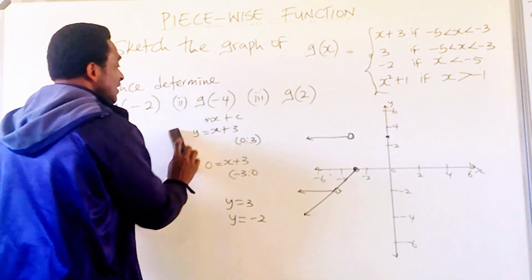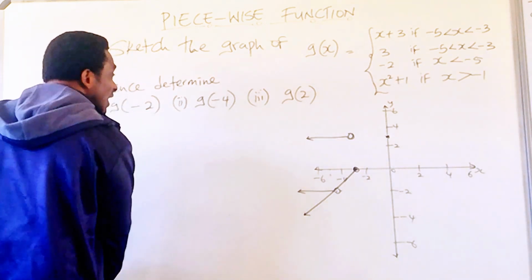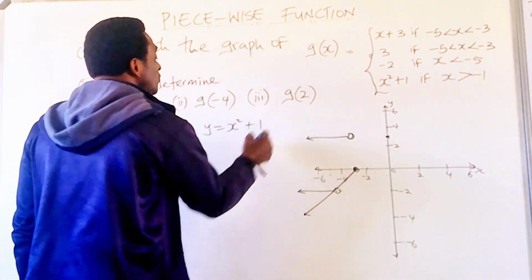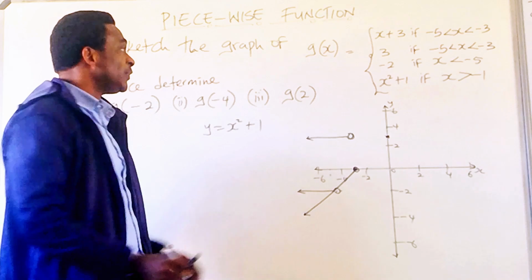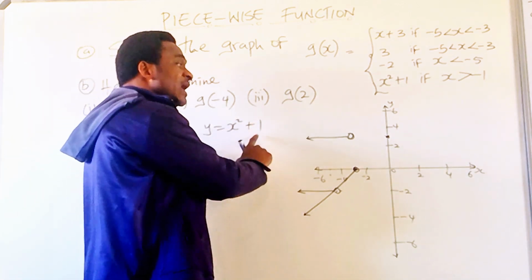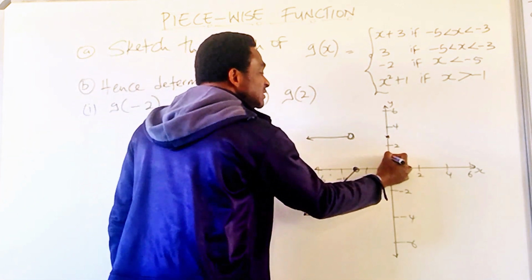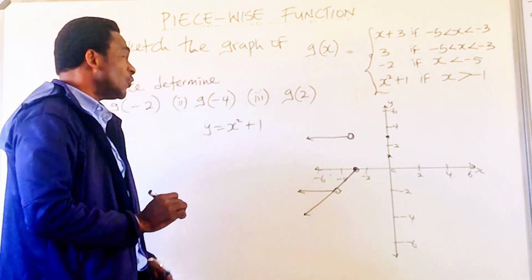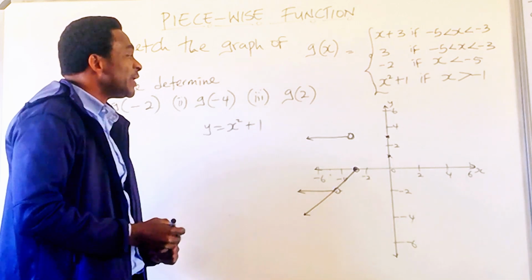And then let's go to the last one. The last graph here, we have y equals x squared plus 1, which is a parabolic function. Plus 1 means the turning point, and the y-intercept is at the same place if we don't have a p. It's at 1. So we have a parabolic graph.